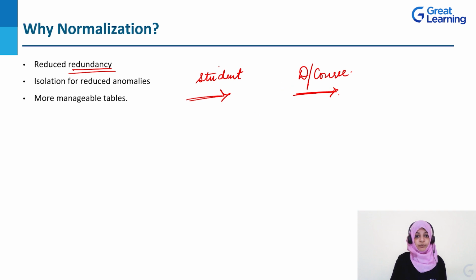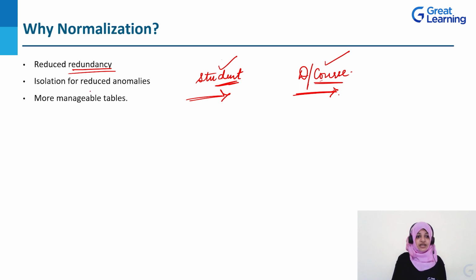Student data can be put into the student table, or it could be put into the department table, or the data can actually be put into both the student as well as the course table. But this is repetition of data. So normalization actually helps us understand and implement a format in such a manner that the student data is being utilized with all of its related entities, but it is not repeated constantly.